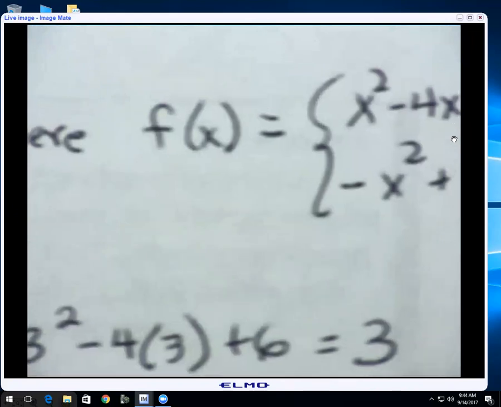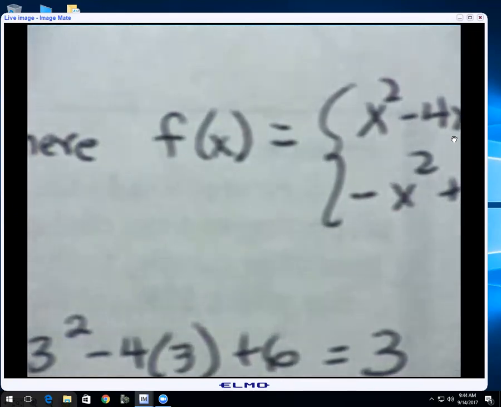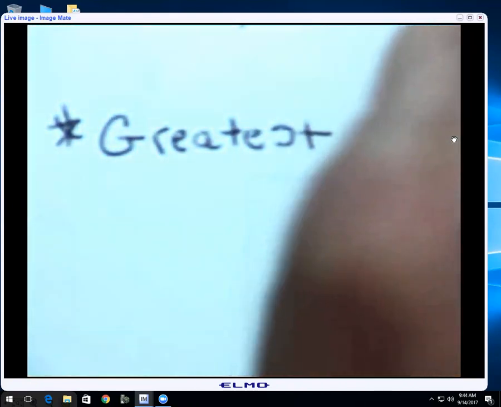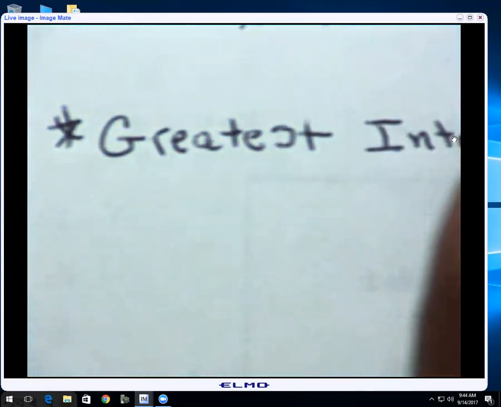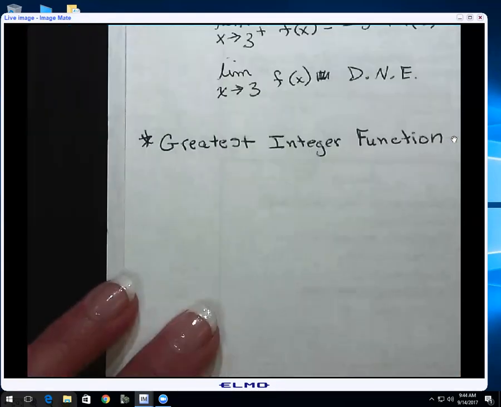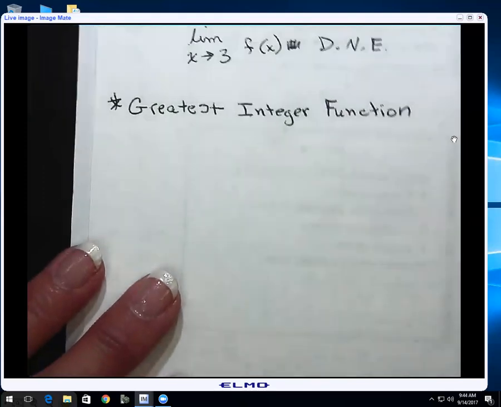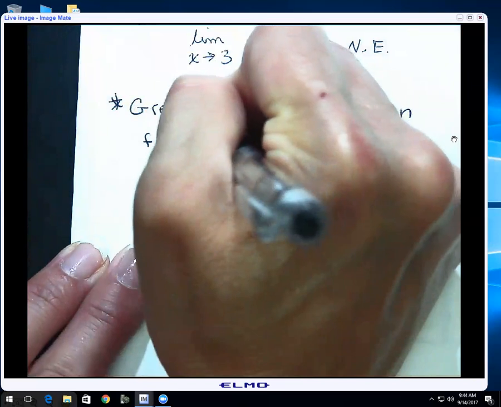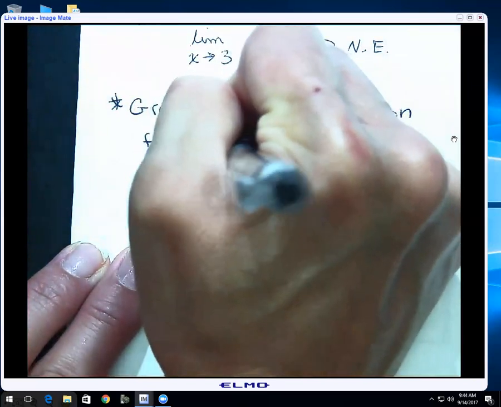Since I don't have the page where that's defined, let me put another asterisk out here and say this is important. The greatest integer function. Okay, I ran out of words. F of x is that wacky symbol around an x.